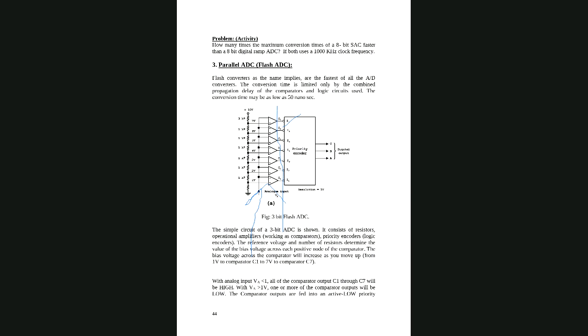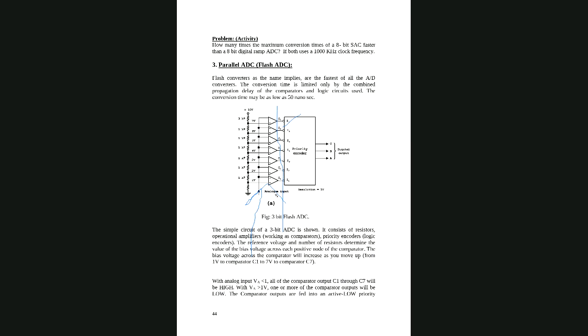The comparator is very simple. How does it work? If V plus, the voltage at the positive terminal, is more than the voltage at the negative terminal, what will happen? The comparator output will be 1.